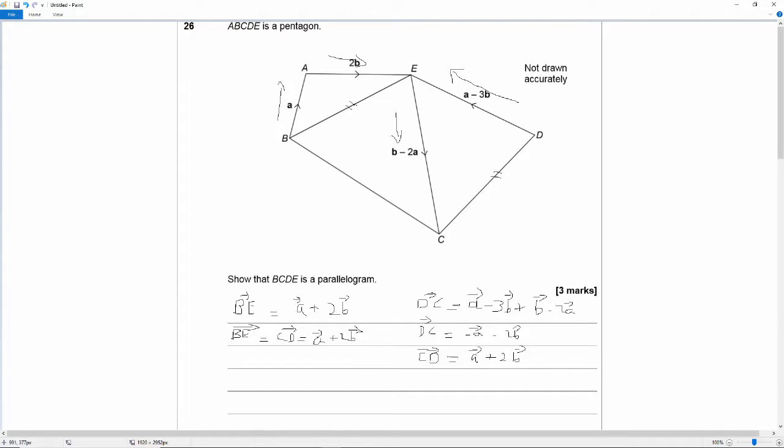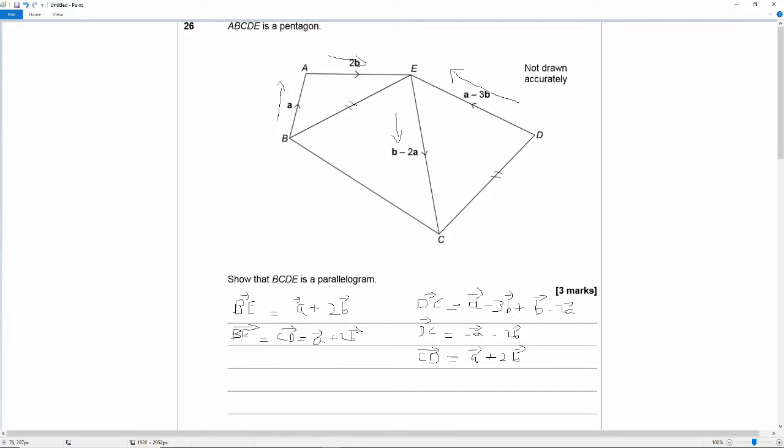We can either make everything negative, or we can go from BA to AE and then down to EC, and then we can negate the whole thing. So let's do that. So in fact, I'm going to write on the side.